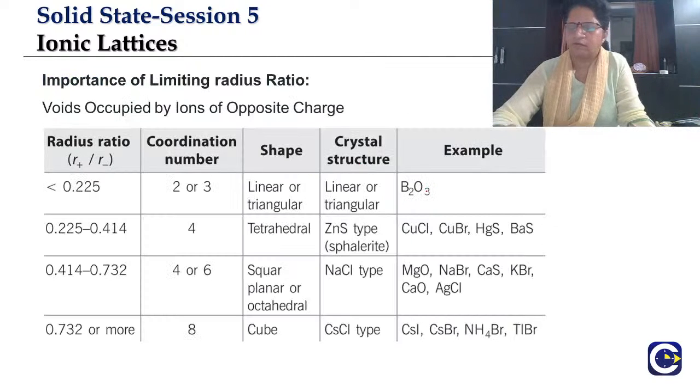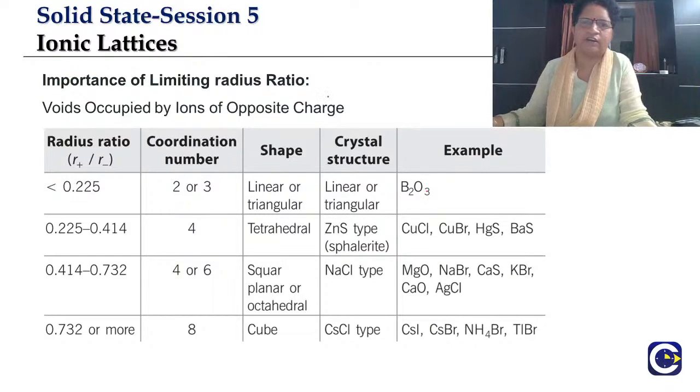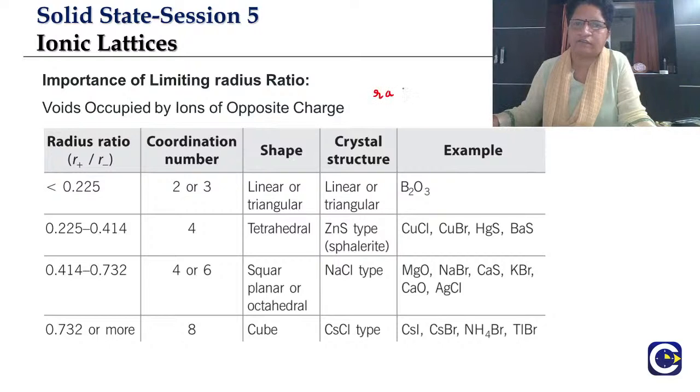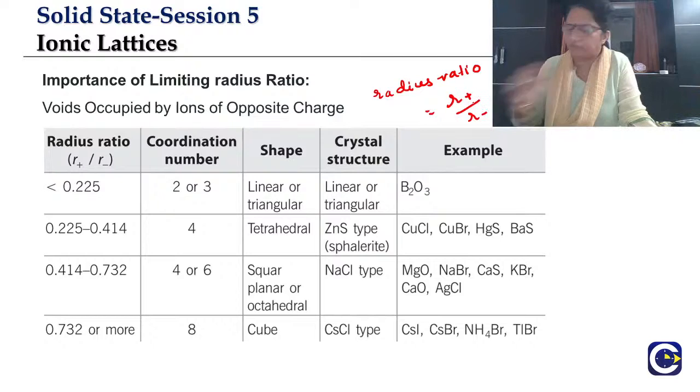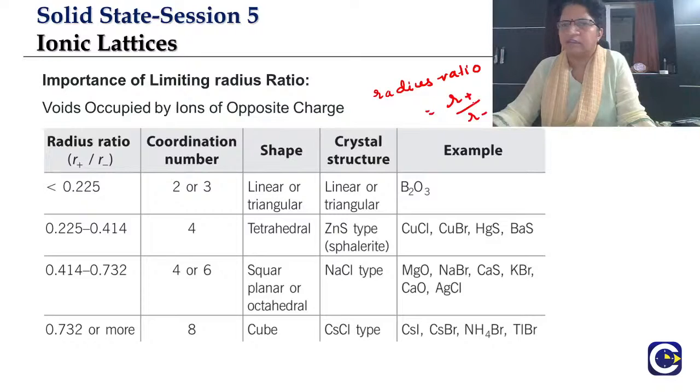Fine. How do we know approximately what would be the crystal structure? What we try to take is the radius ratios. Generally, the radius ratio is taken as the ratio of the radius of the smaller ion to the larger ion.